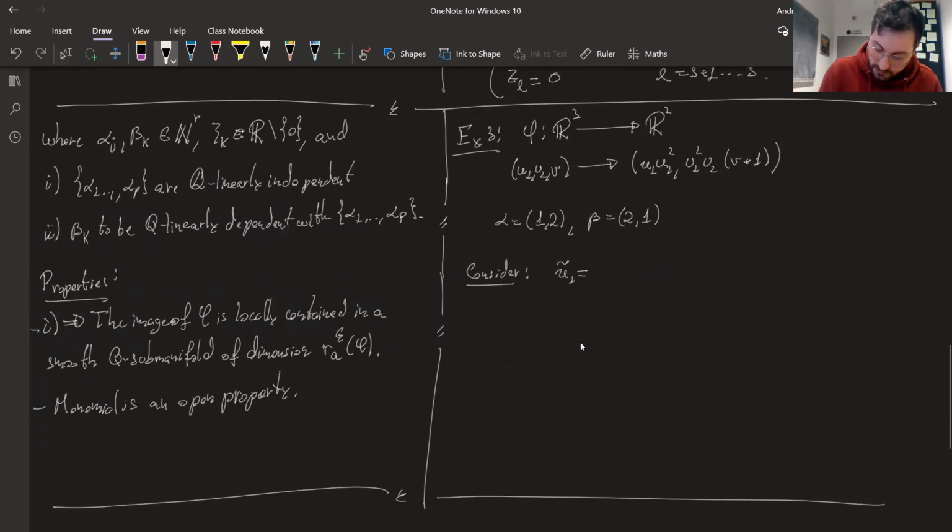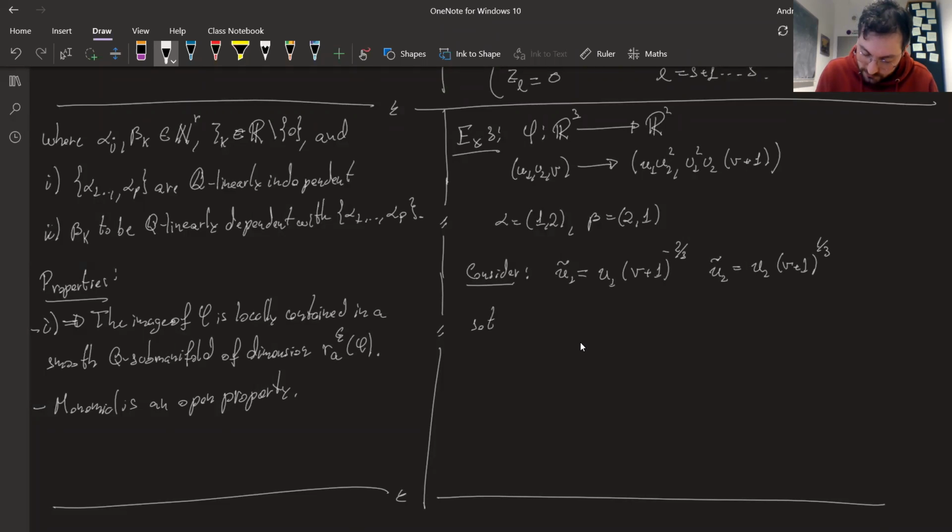So you consider U1 tilde equals U1 V plus 1 minus 2 over 3, and U2 tilde equals U2 V plus 1 over 3. These are changes of coordinates which locally are perfectly fine.